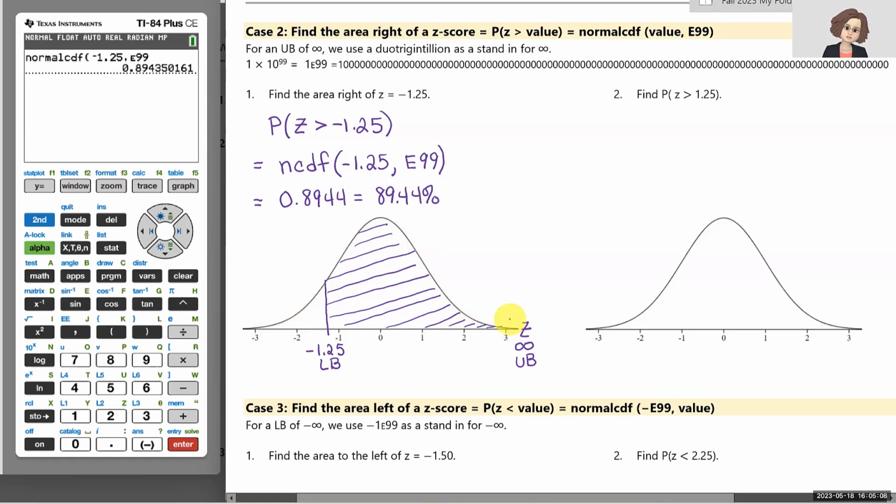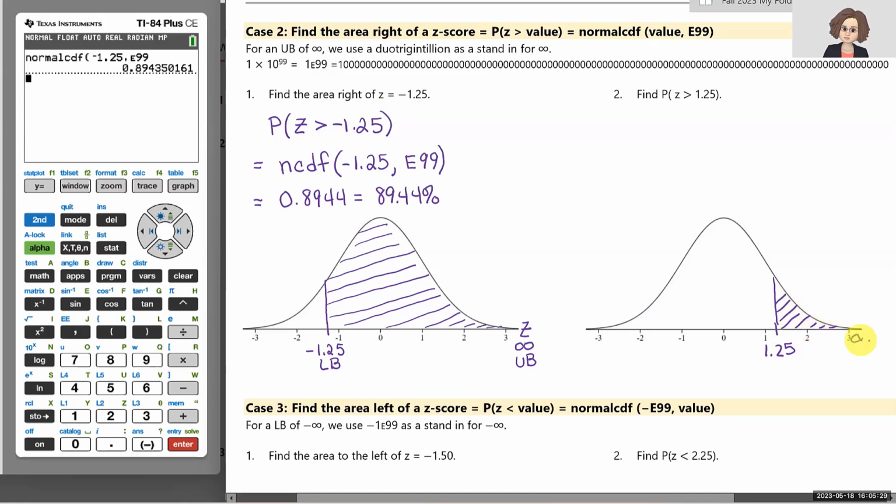Okay, so let's do one more. Find the probability that a z-score is greater than positive 1.25. Positive values are to the right of 0. And we're looking for the probability of a z-score greater than that.